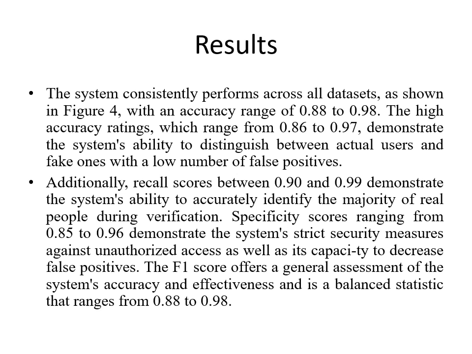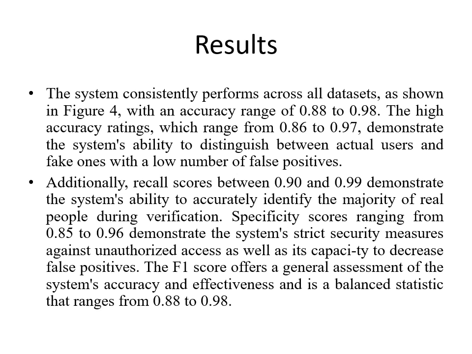Additionally, recall scores between 0.90 and 0.99 demonstrate the system's ability to accurately identify the majority of real people during verification. Specificity scores ranging from 0.85 to 0.96 demonstrate the system's strict security measures against unauthorized access as well as its capacity to decrease false positives.